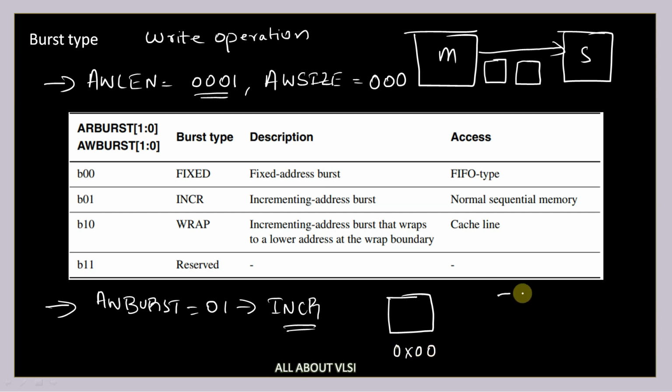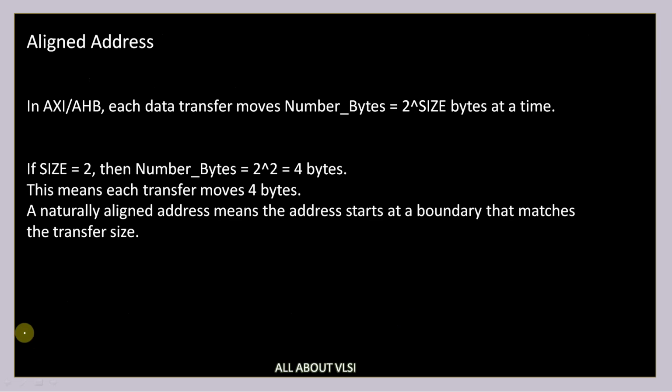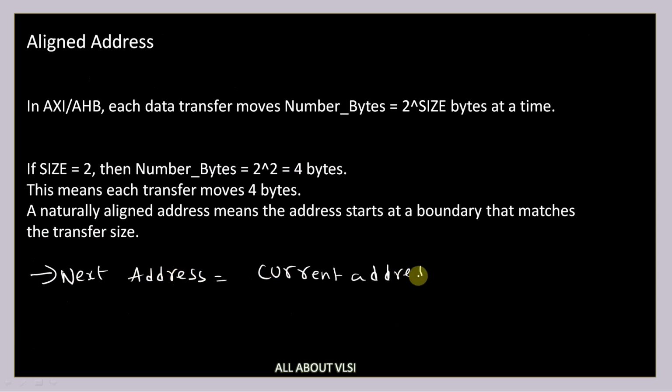Now what should be the address associated with the second packet? That is decided by your previous address plus the size of the packet. So next address is equal to current address plus size of packet.